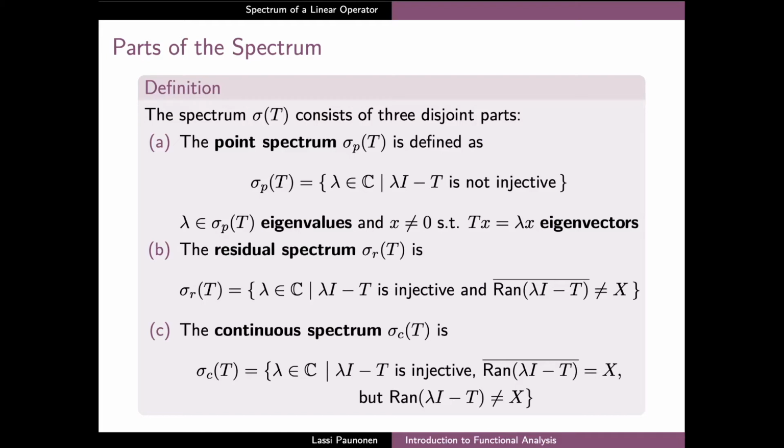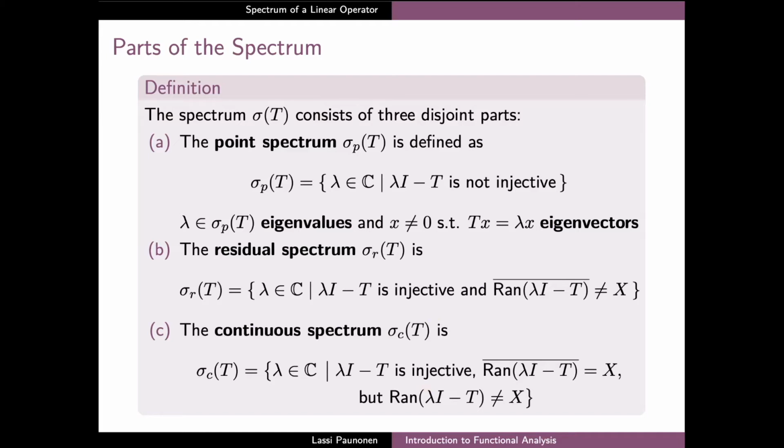And in addition to the lack of injectivity, the operator lambda I minus T can fail to be boundedly invertible if it is not surjective. And the remaining part of the spectrum consists of those lambda for which the injectivity holds, but the surjectivity fails.